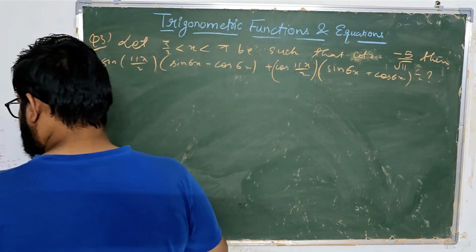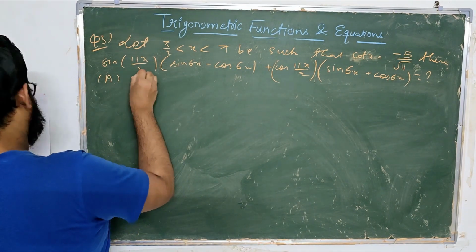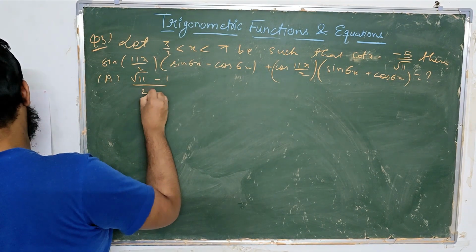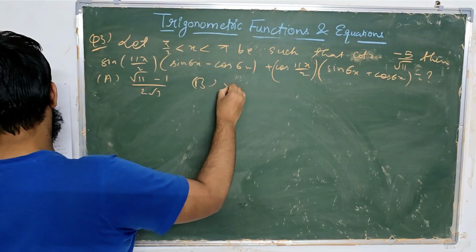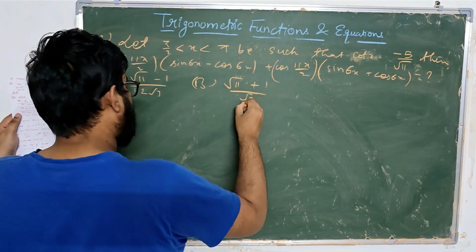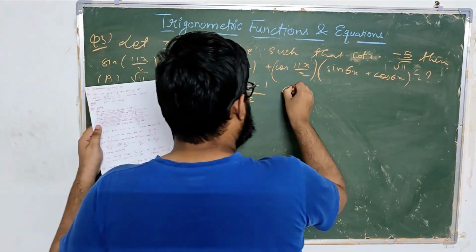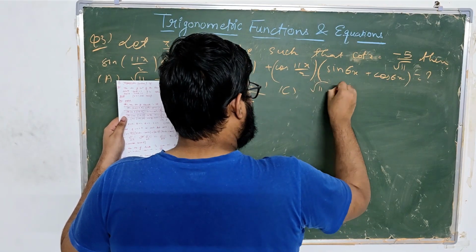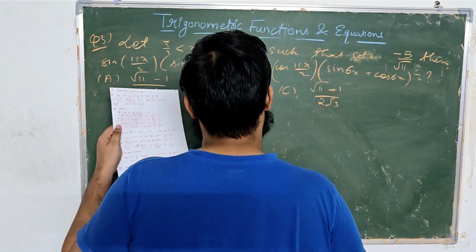Option A, root 11 minus 1 by 2 root 3. Option B, root 11 plus 1 by 2 root 3. Option C, root 11 plus 1 by 2 root 3.